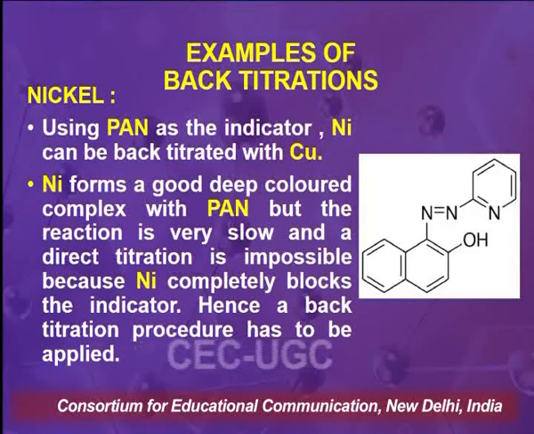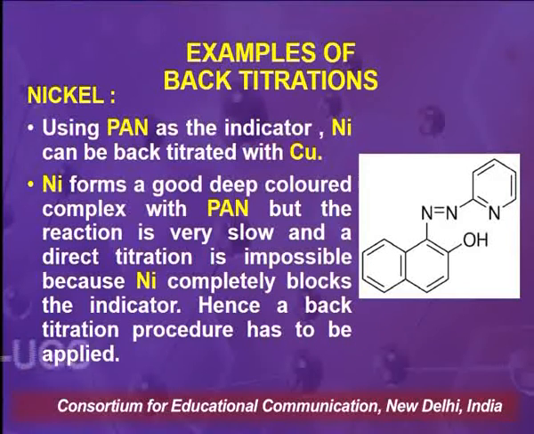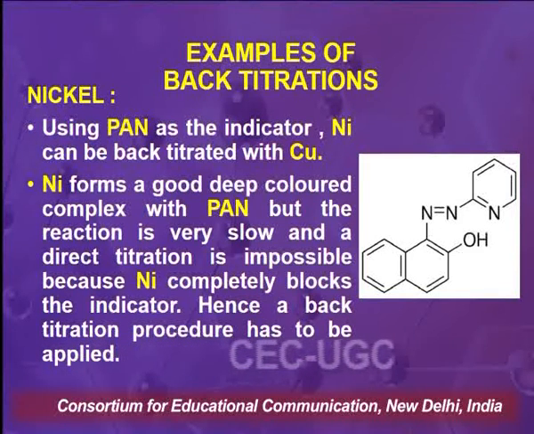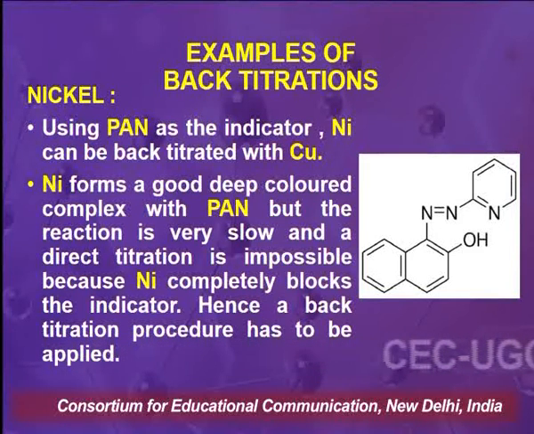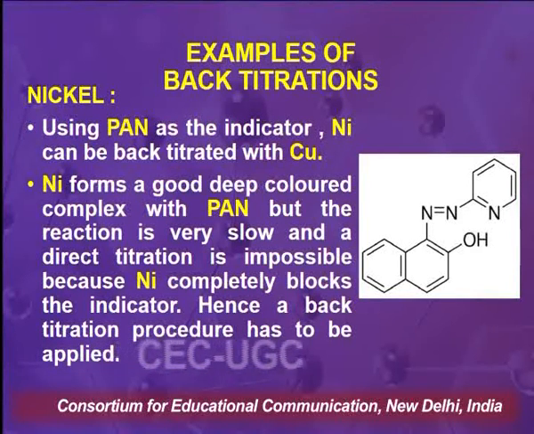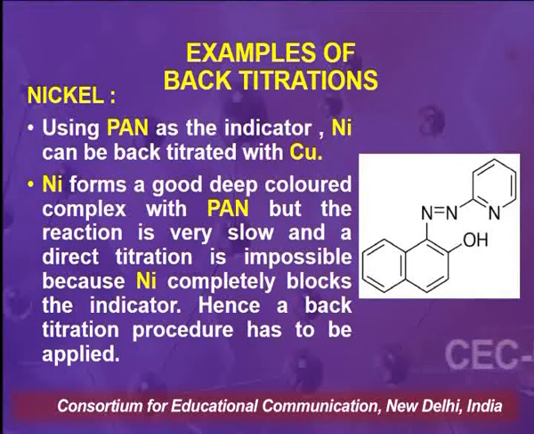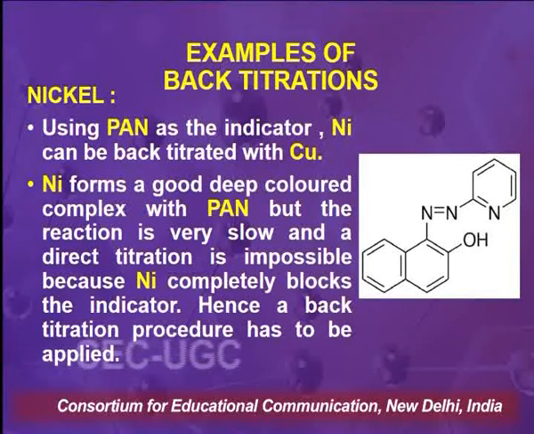Nickel can also be titrated in terms of back titration using PAN, or polyacrylonitrile, as the indicator, and the structure of PAN is given in the adjoining figure. Nickel can be back titrated with copper as a metal. When we talk about back titrations, they are performed with one metal being back titrated against another metal ion.